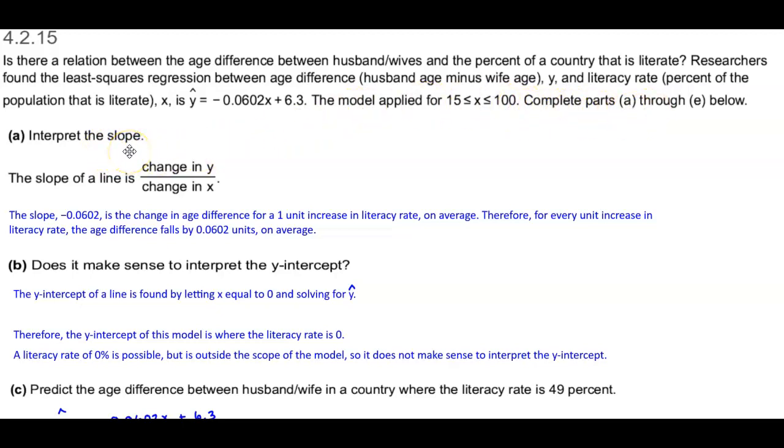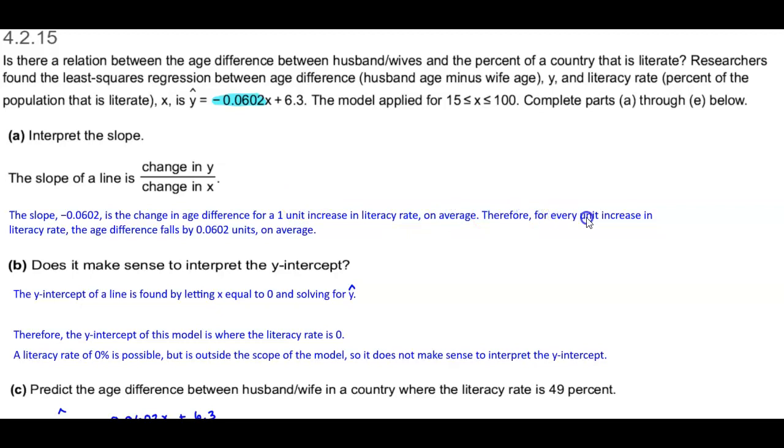We're going to interpret the slope. If we take a look at the slope here, the slope is this value here, which is negative 0.0602. So the slope, negative 0.0602, is the change in age difference, which is the Y, for a 1 unit increase in literacy rate, which is X, on average.